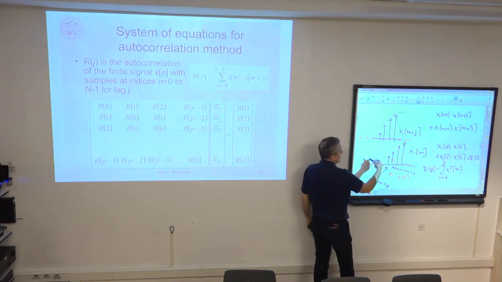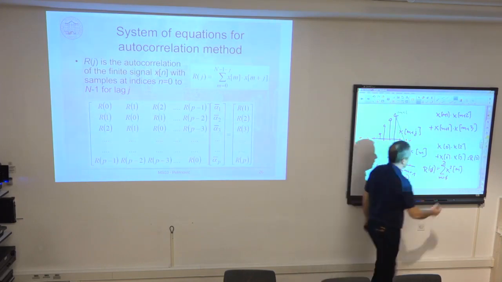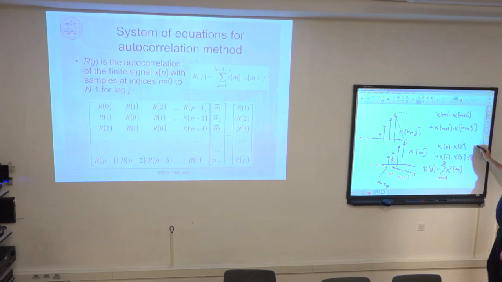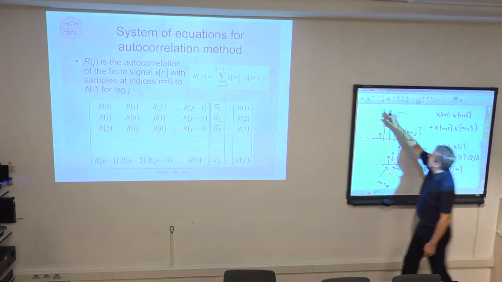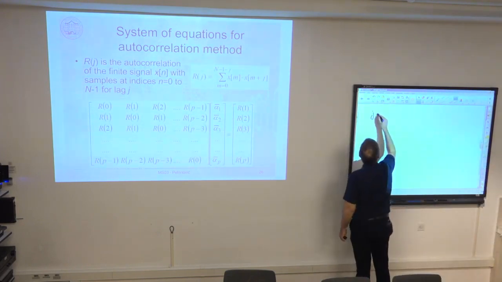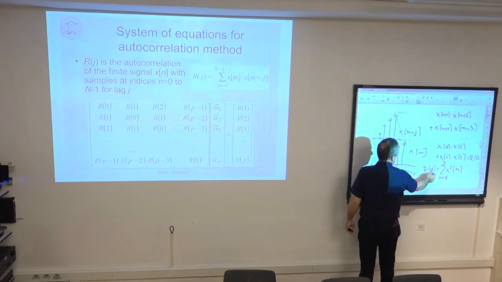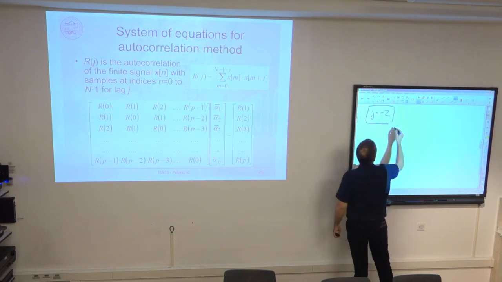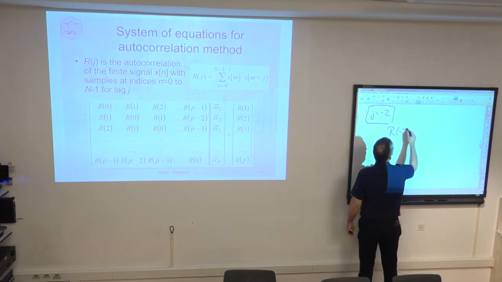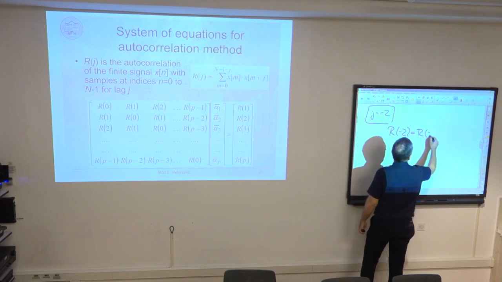If I take j equal to minus 2, I would have exactly the same solution as I have shown here. So for j equal to minus 2, I would get R of minus 2, which is equal to R of 2.